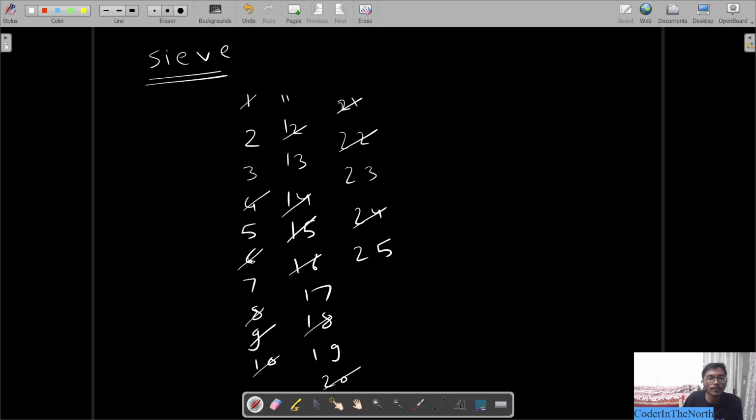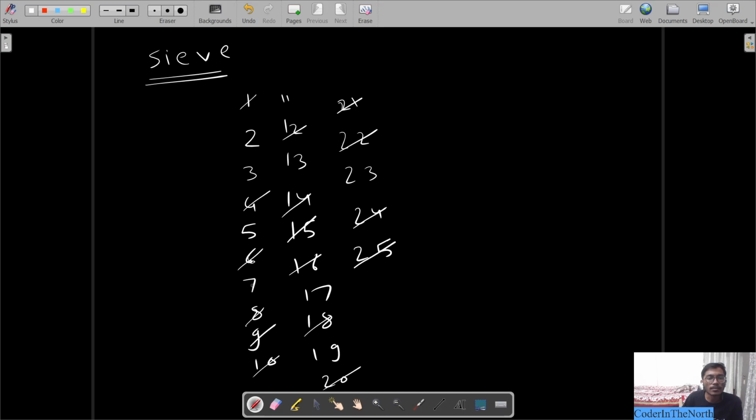It's 5. Now we have to delete all the numbers which can be divided by 5. 10 is already cancelled out, so only 25 remains to delete. Now we deleted the 25.